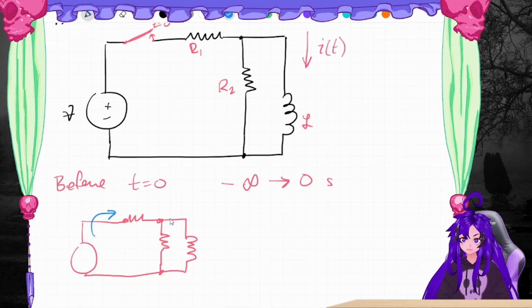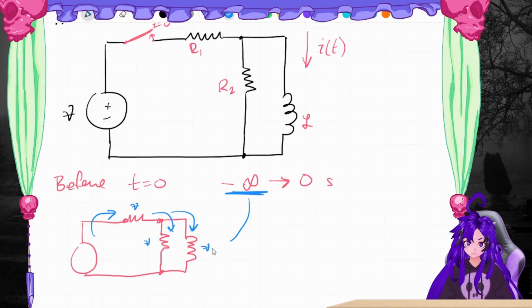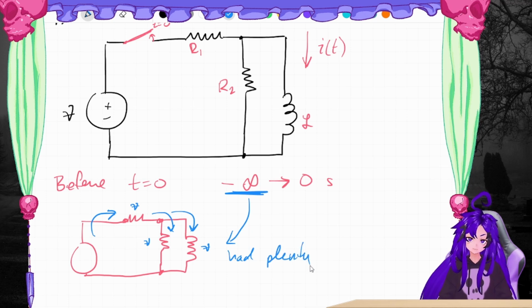We got current this way, and currents that split down that way, and of course this inductor has a voltage over it, and this resistor has a voltage, and so does this one. But since it was basically infinity before 0, we can assume that the inductor had plenty of time to charge.